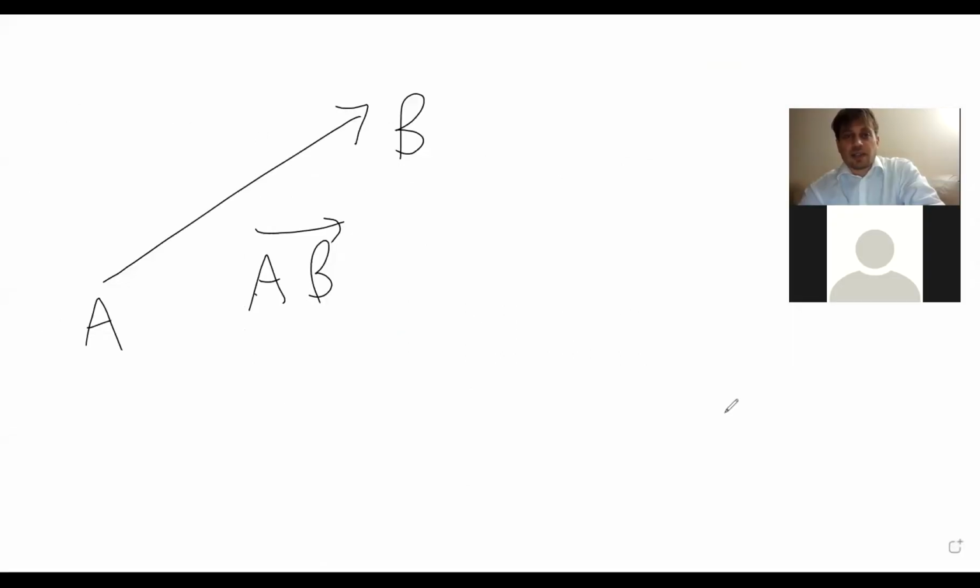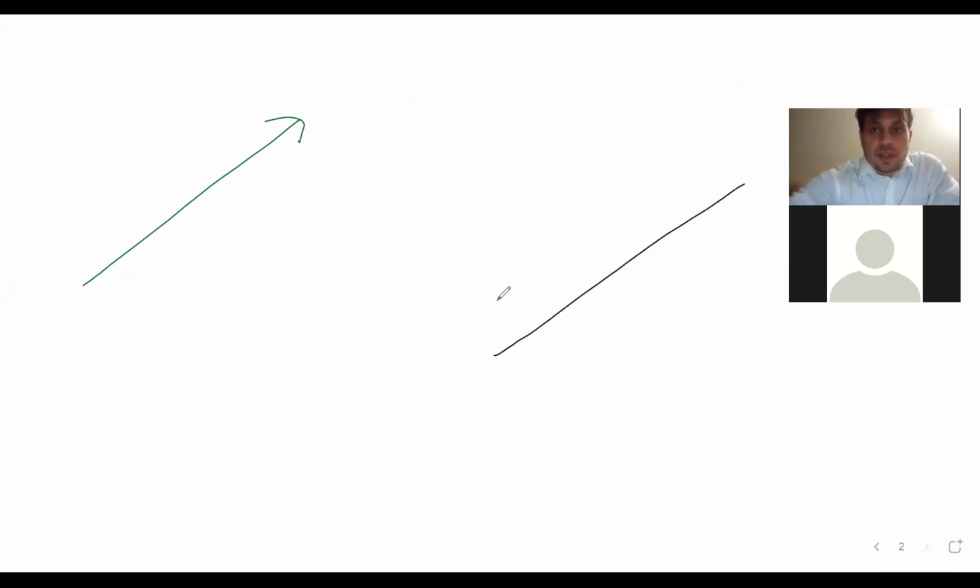If you have a vector here, and a vector here, and I'm drawing it so it may not be the exact same size, but I'm making it the same size in the same direction, then this vector v is equal to that vector w there.